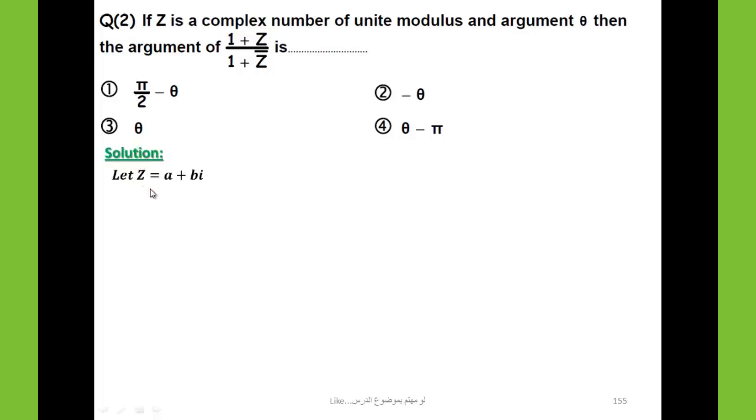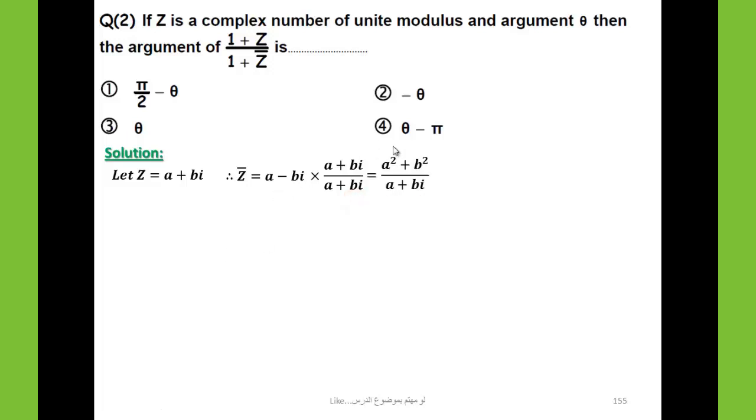Let z equal a plus bi. Then z bar, its conjugate, equals a minus bi. Multiplying up and down by a plus bi over a plus bi, what do we get?